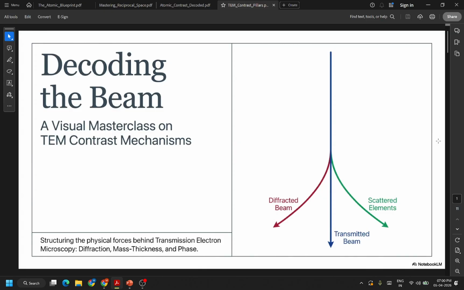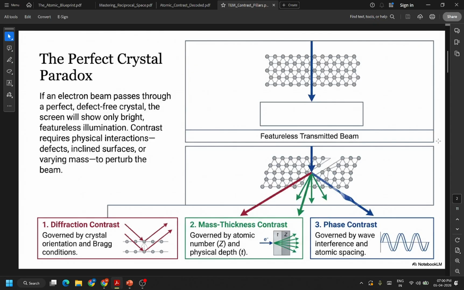So how to decode the beam? If an electron beam passes through a perfect defect-free crystal, the screen will show only bright featureless illumination, because contrast requires physical interactions, defects, inclined surfaces, or varying mass to perturb the beam.